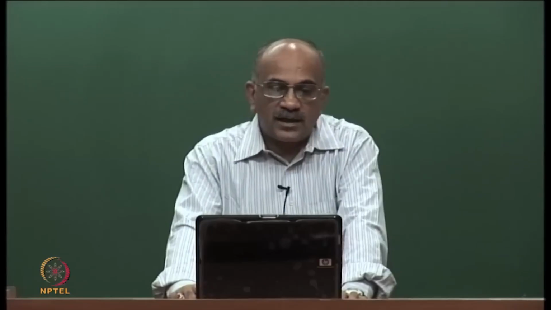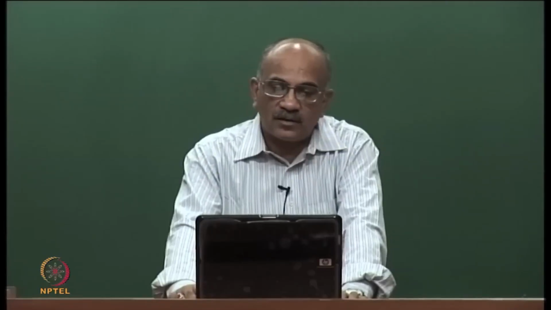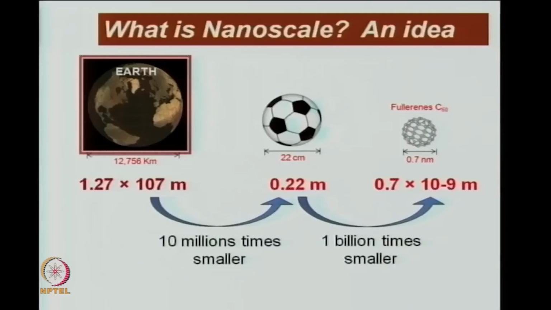To give you an idea, if you compare the size of a football or a soccer ball with the size of the earth, you see that the football is around 10 million times smaller. And now, if you compare a nanomaterial like a C60 molecule, which is also called a fullerene, the C60 molecule is nearly 1 billion times smaller than the size of a football.